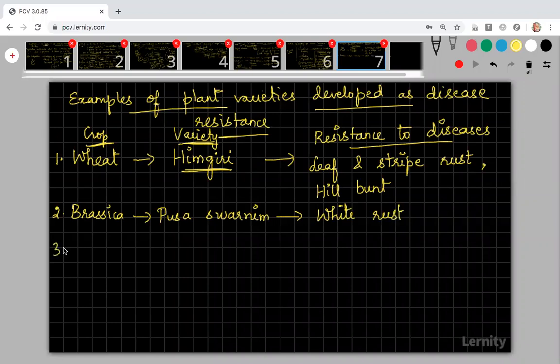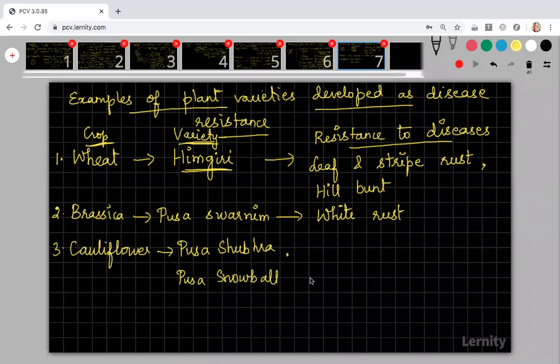And the third crop plant is cauliflower. The variety is called Pusa Shubra. You also have one more variety called Pusa Snowball K1.